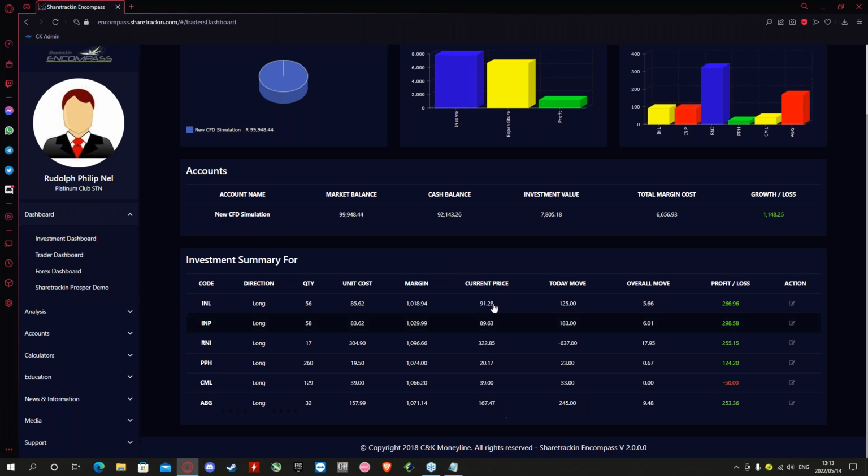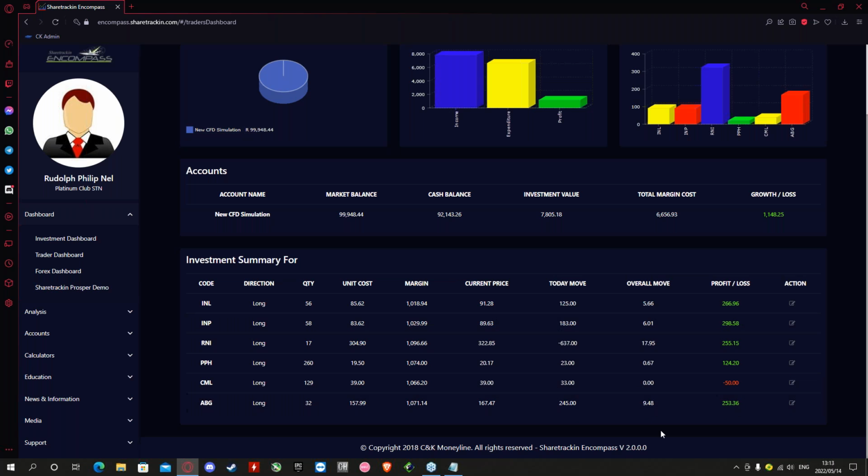Then your current price, your movement for today, but obviously this would be for yesterday because the markets are closed over a weekend. So this would be yesterday's movement, and obviously this is in cent value. Okay, so just take the decimal away, so that would be 1 Rand 25, 1 Rand 83, 6 Rand 37, 23 cents, 33 cents, and 2 Rand 45.